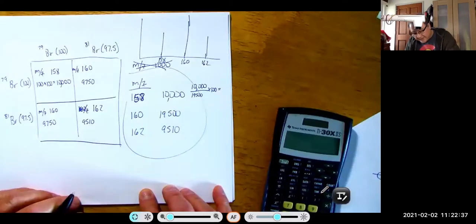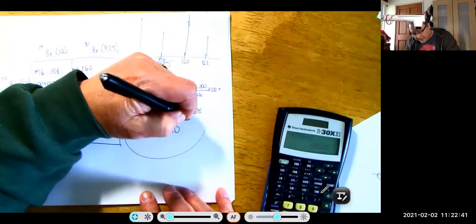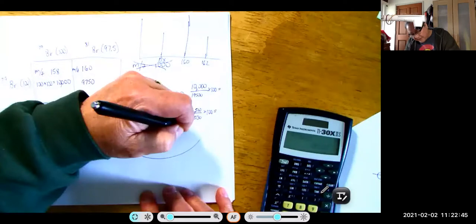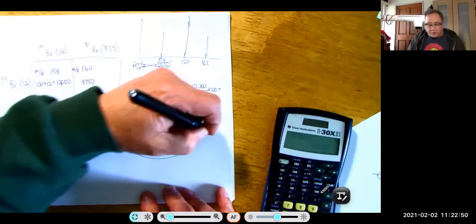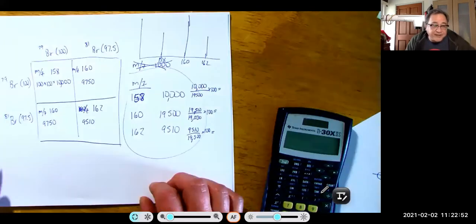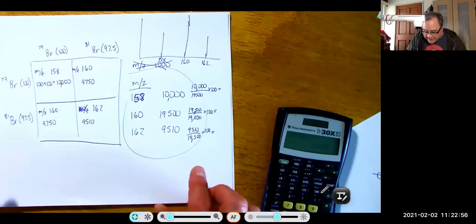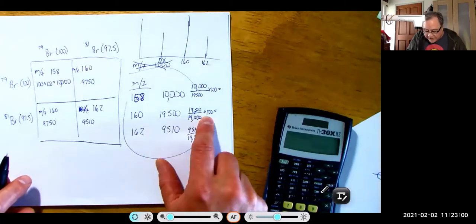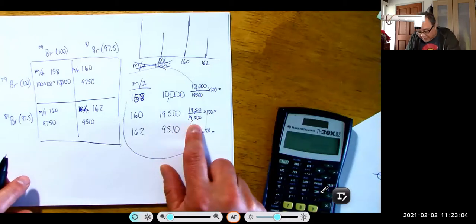You take this 19.5, divide by 19.5, and multiply by 100. And you take this 9510, divide by 19.5. You remember how the golden rule in algebra is what you do to one number, you got to do to the rest? What am I doing to each of these numbers? I'm dividing by 19.5 and multiplying by 100. Can you see we don't need a calculator for this answer? It's 100.